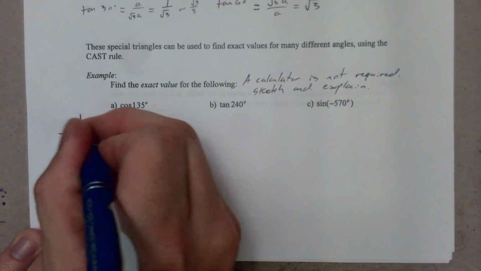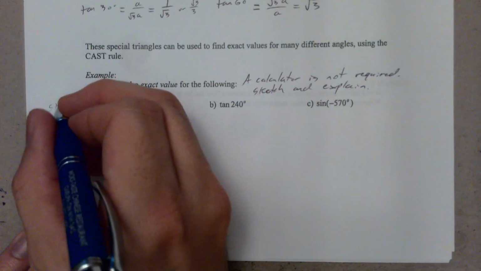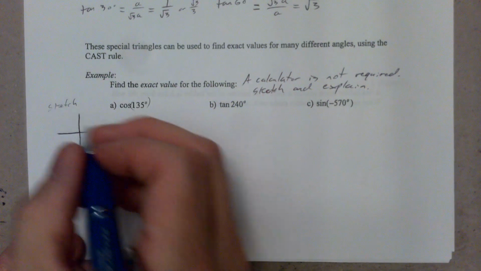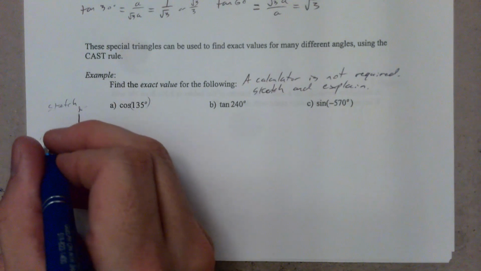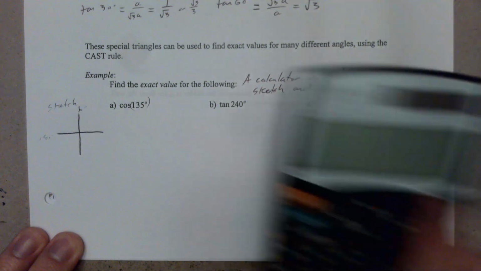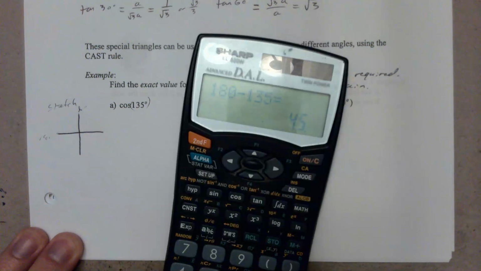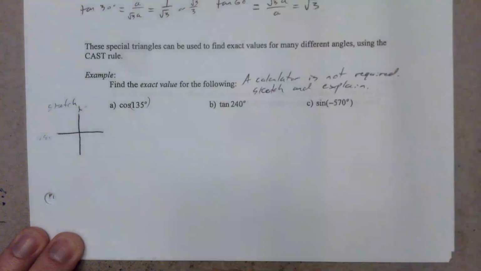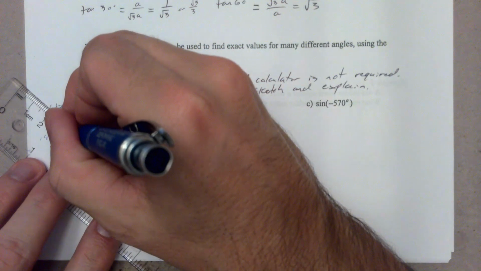So, 135 degrees. Let's start with the sketch. 135 degrees I recognize as being somewhere between 90 degrees and 180 degrees. If I grab my calculator and do 180 degrees minus 135 degrees, oh, I recognize that angle. This means that we have a related acute angle of 45 degrees.